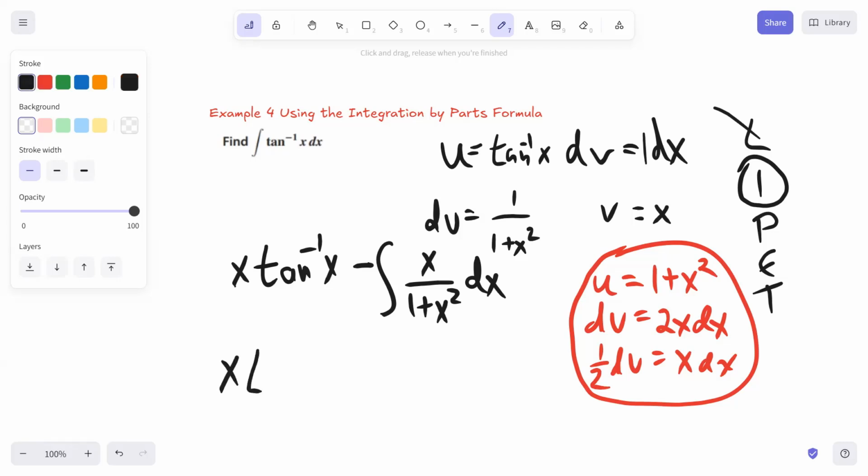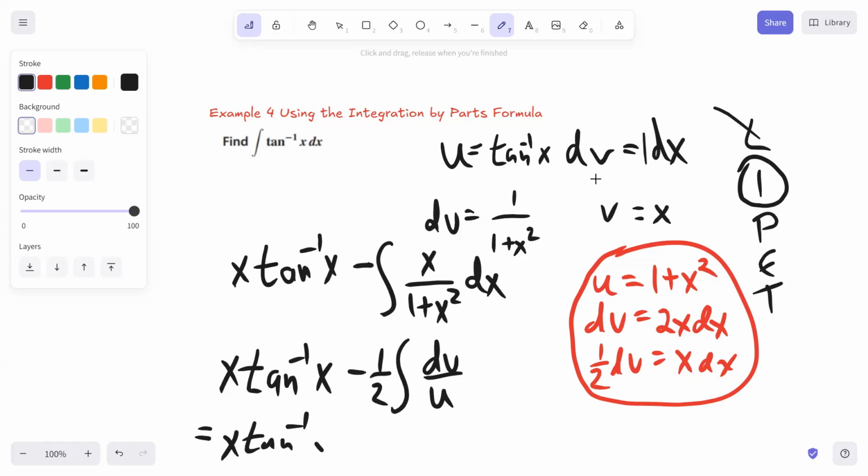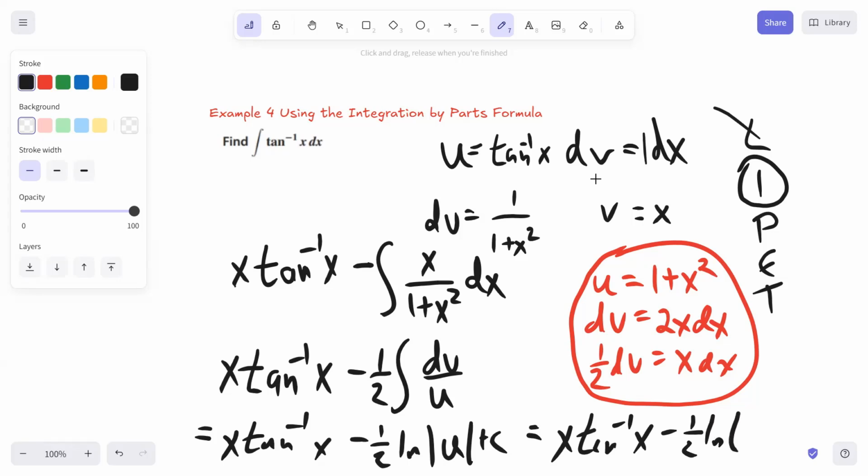So this would be x tangent inverse x minus 1/2 the integral of du over u. So this is going to be x tangent inverse x minus 1/2 natural log absolute value of u plus c. And u was 1 plus x squared, so it's x tangent inverse of x minus 1/2 natural log of 1 plus x squared plus c. You don't need the absolute values because 1 plus x squared is never negative.